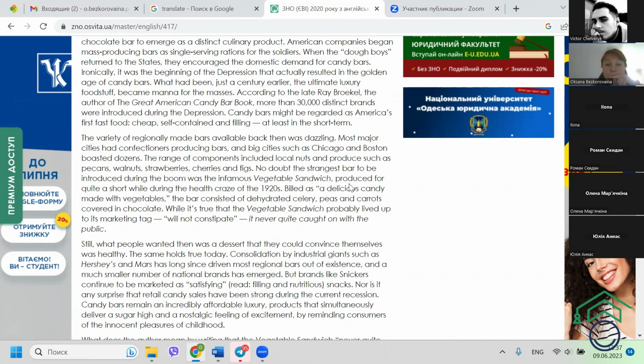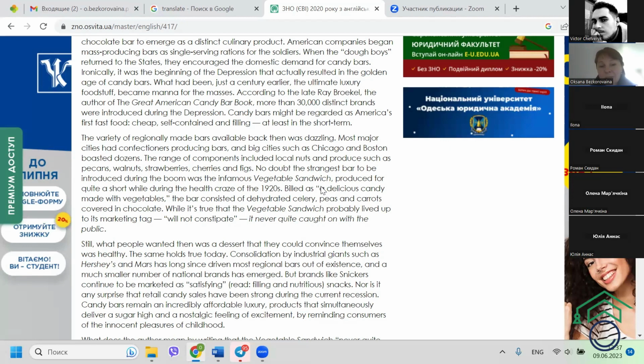1920s. Тобто вироблений, як і виробляли for quite a short, достатньо короткий період часу, while during the health craze of the 1920s. Да? Його виробляли достатньо короткий період часу, саме коли була лихоманка, гонитва за здоровим способом життя. Health craze of the 1920s.